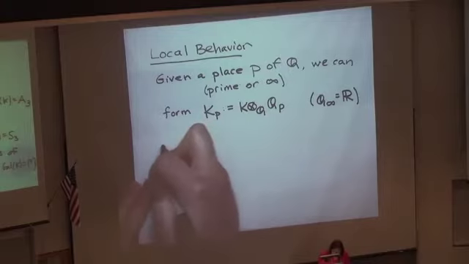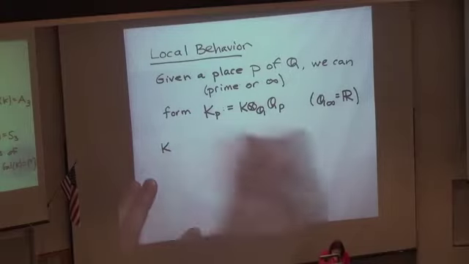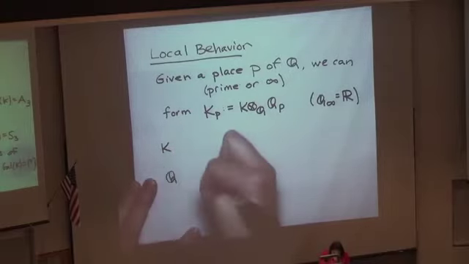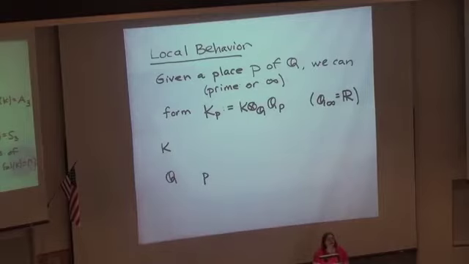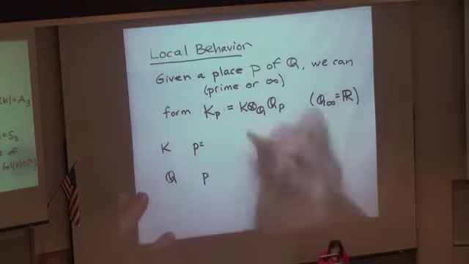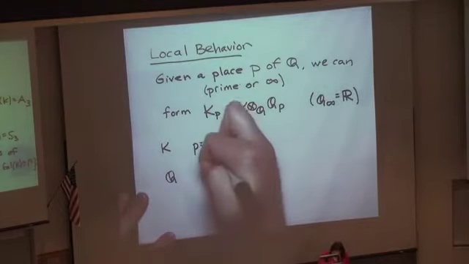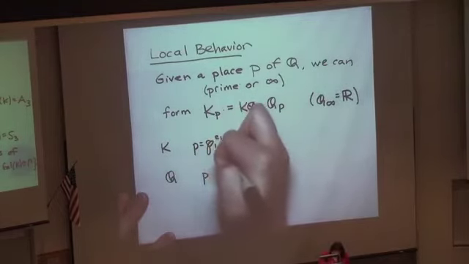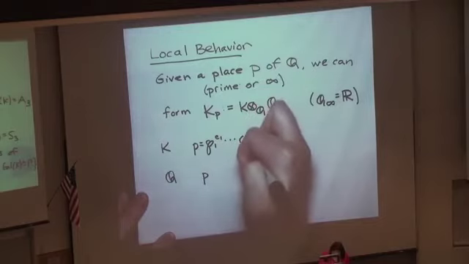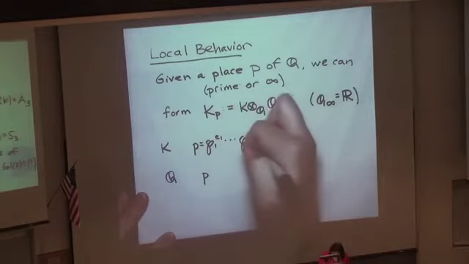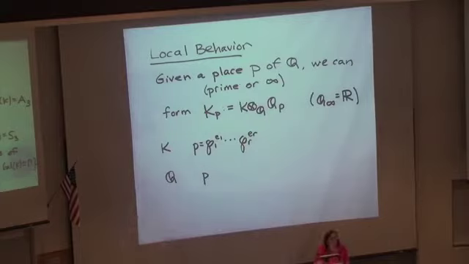Normally, when we have a number field K, and we have a prime P of Q, we're used to thinking of how that prime splits in K, say, P1^E1 through Pr^Er, so that prime splits in the ring of integers of K in some way. And this K_P captures that information and a little bit, just a little bit more.